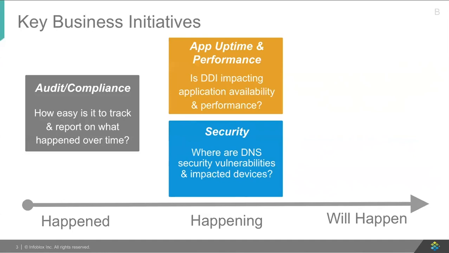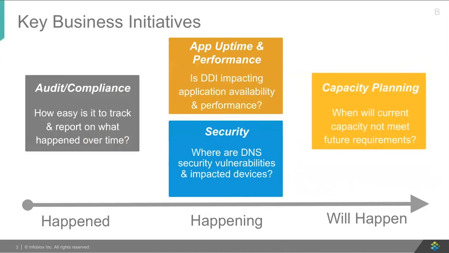And then, of course, looking forward, what about capacity planning? Since DNS and DHCP are really so critical to the network, identifying when current capacity may not meet future requirements can be a tedious and error-prone process, especially if you're using spreadsheets. Fortunately, Infoblox has algorithms in play that can help you manage that process.